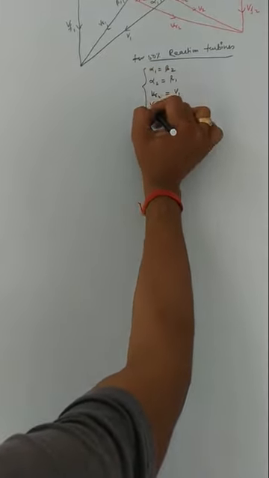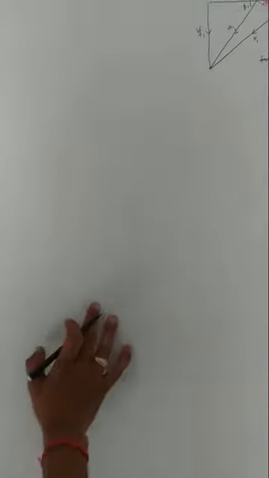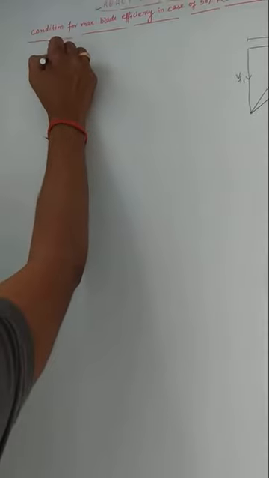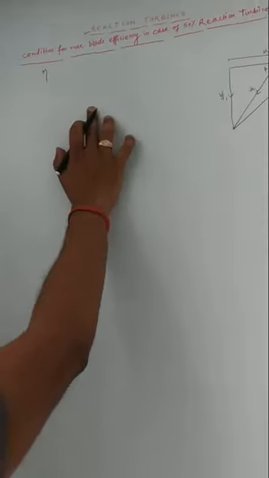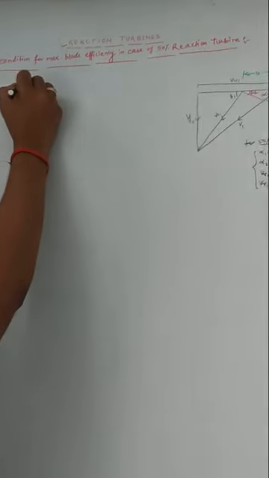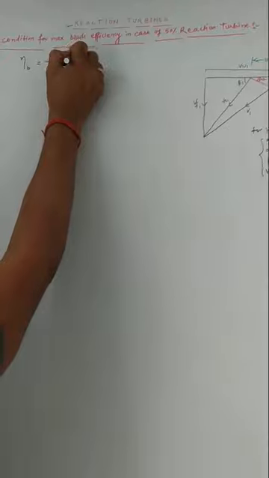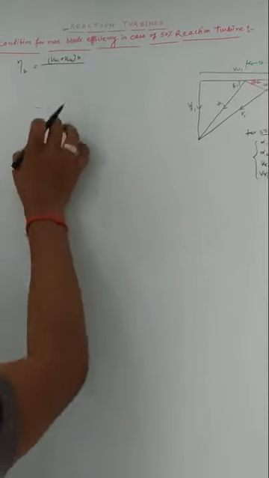Okay, these are the conditions for reaction turbine we have discussed so far. Now we are interested in the maximum blade efficiency. We know very well that blade efficiency is written as (VW1 plus VW2) into U divided by total energy supplied.